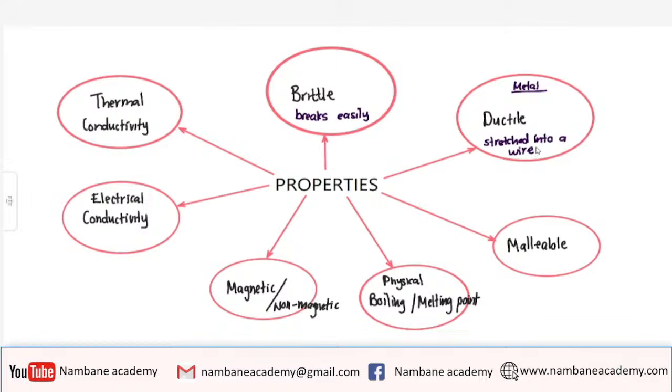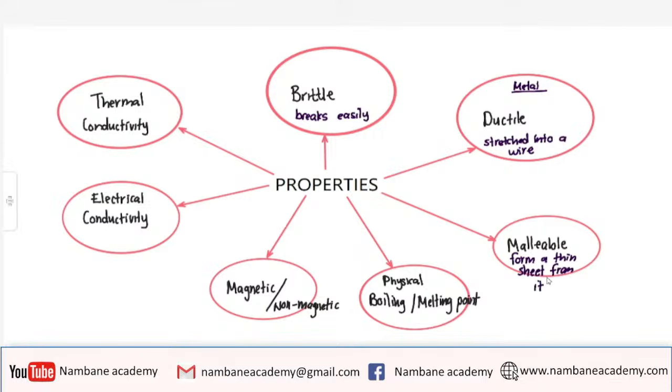So you'll see the difference between ductility and malleability. Now, when I'm saying malleability, or if something is malleable, I'm saying that yes, it can also be stretched, but in this sense, we are specifically speaking about it being able to form a thin sheet.